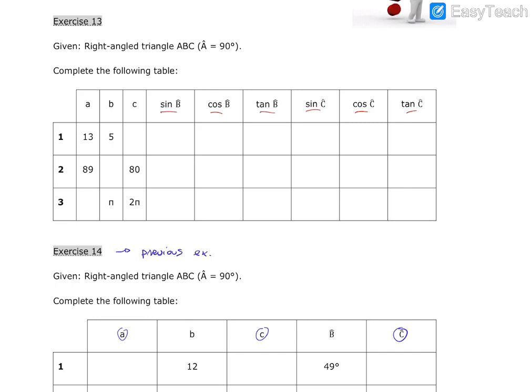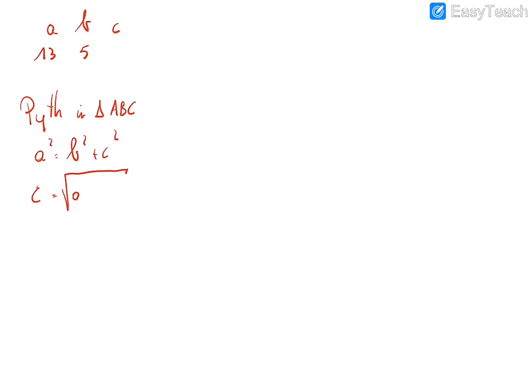I know that A is 13 and B is 5. I'm looking for C and all the different trigonometric values. So first you're going to use the Pythagorean theorem to calculate C. So C is the square root of A squared minus B squared.